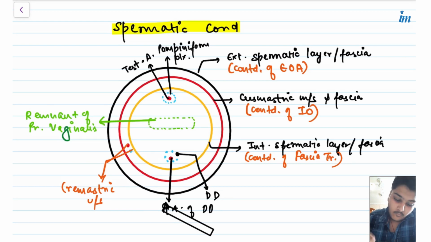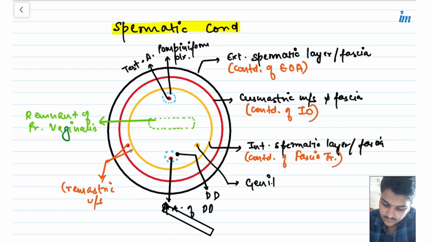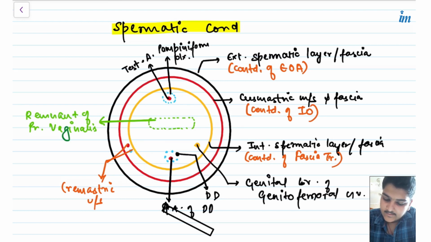And one most important structure, here we have the genital branch of genitofemoral nerve. This genitofemoral nerve is coming from the lumbar plexus and its root value is L1 and L2.